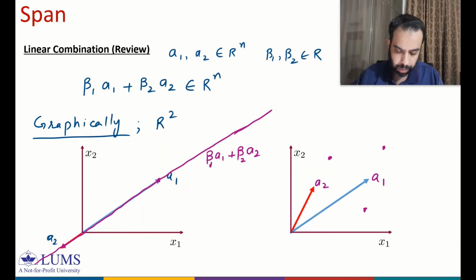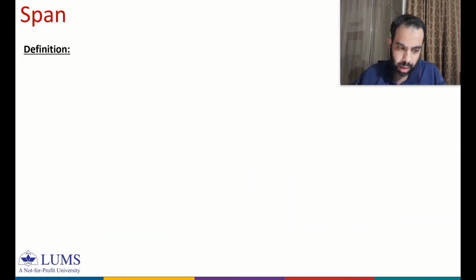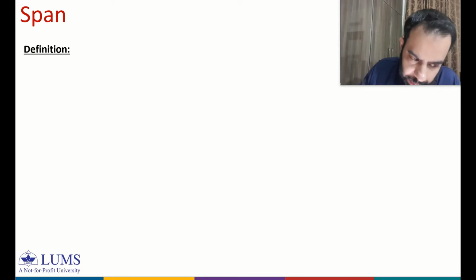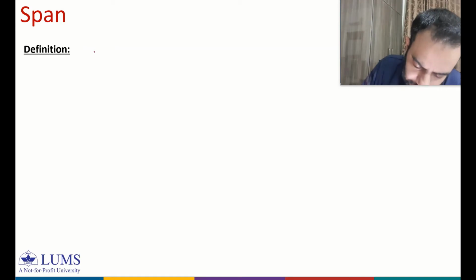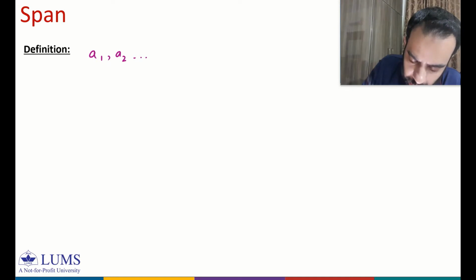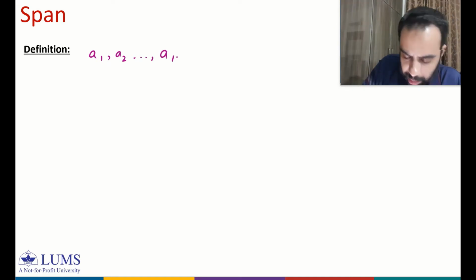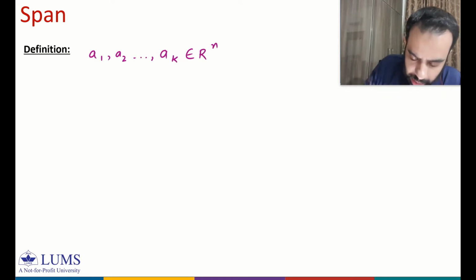Span is the set of all possible linear combinations of vectors. So if we're given, say, vectors a1, a2, up to ak, say k vectors, and each vector belongs to Rn, and we take scalars beta 1, beta 2, up to beta k.